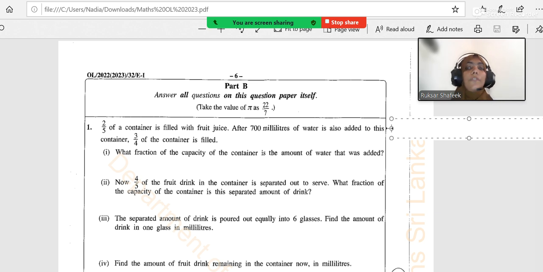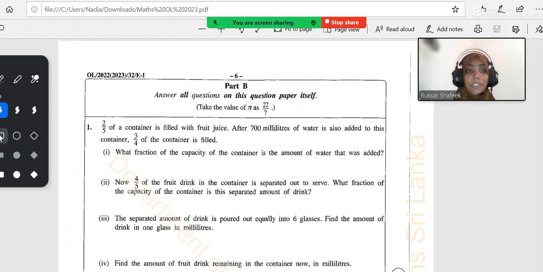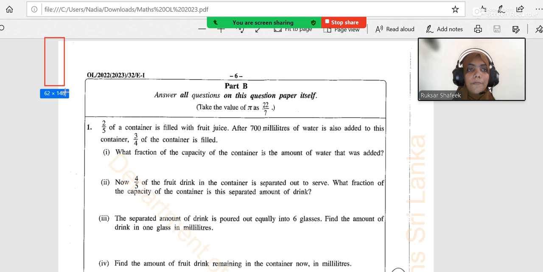So it says 2/5 of a container is filled with fruit juice, right? So imagine you have a container filled with fruit juice. So this is my container and this is filled with fruit juice, 2/5 of it. So basically 2/5 would be this is divided into 5 equal parts.